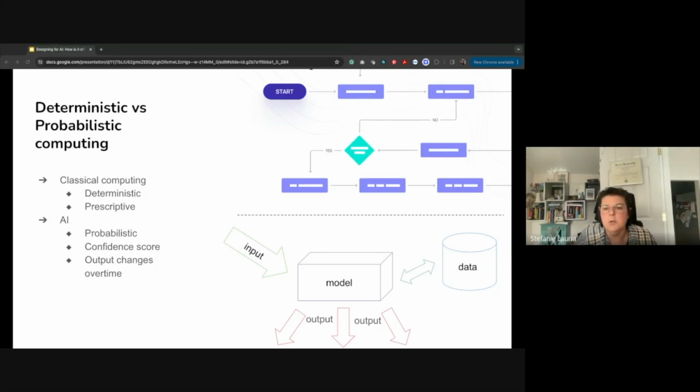It's going to tell you with a certain amount of confidence or certainty that this is correct or not correct, this is negative, or, for instance, this is fraud or not fraud, right? And because you're constantly looking at the data as it evolves, the output can change over time. Therefore, it's really hard to predict time and again what that output is going to be.